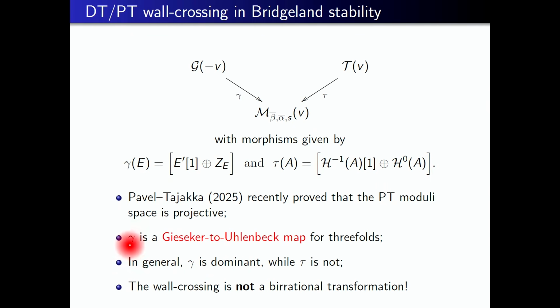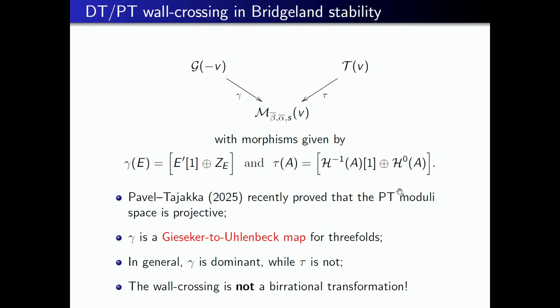Good. This gamma is an analog of the Gieseker to Uhlenbeck map for threefolds. If you don't know, forget this line. If you know, you may find this observation interesting. In general, this map gamma here is dominant, right? So any object here can be traced back to a Gieseker semistable sheaf, but this map here is not dominant.